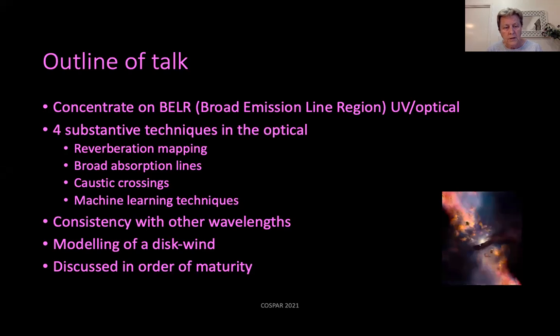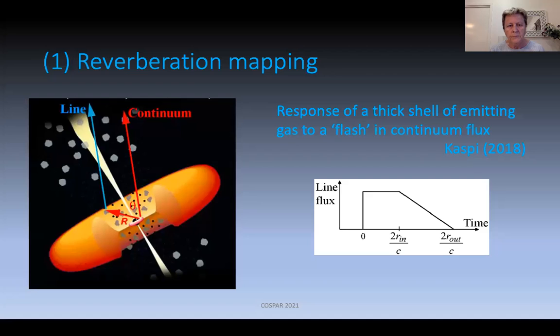I'll talk a little about consistency with other wavelengths, not at great length, and talk a bit about modeling the disk wind. Finally, I'm going to discuss these in order of their maturity at this point in time.